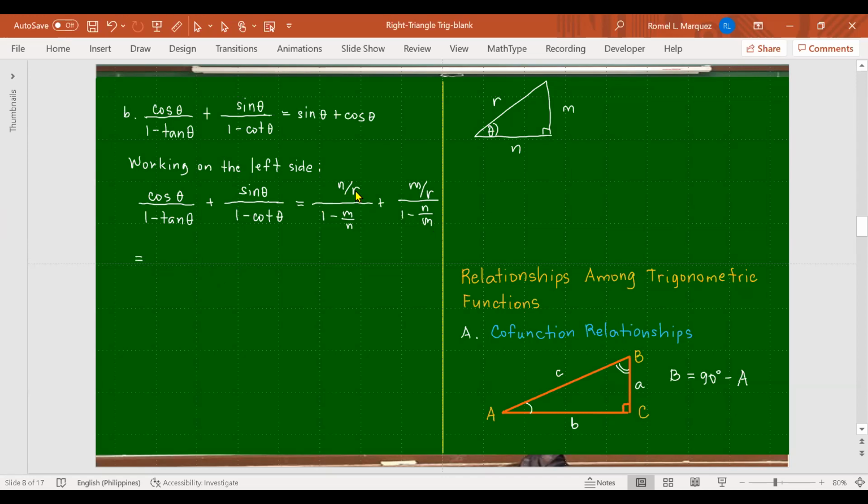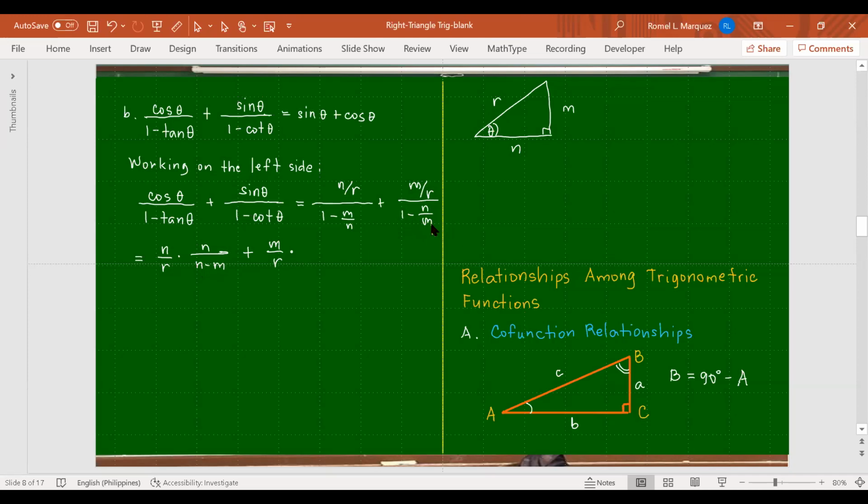So we multiply the numerator by the reciprocal of the denominator. So we have n over r times the denominator, n minus m over n. So the reciprocal is n over n minus m. Then plus here we get m over r times what's the denominator?